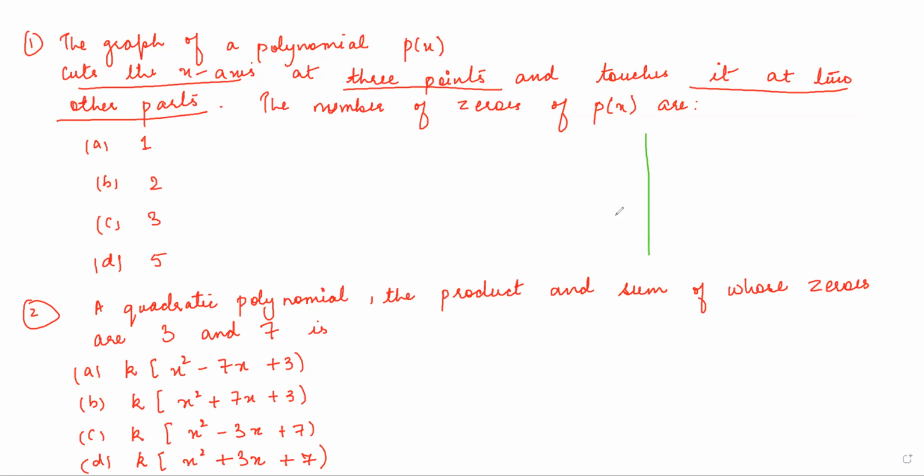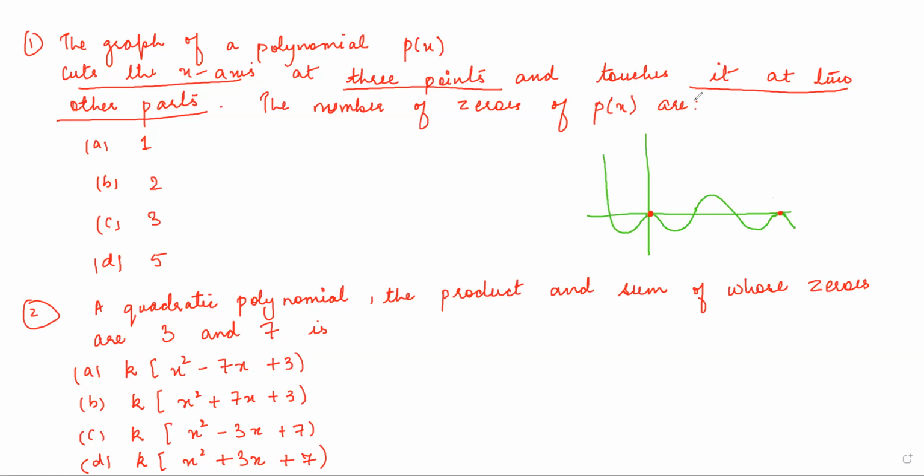Okay, if the graph is something like this, it is cutting at 3 parts and touching at 2. So it can be something like this: one cutting, one touching, then another one cutting, another cutting, another touching, something like that. See, at 2 points it is only touching, right?